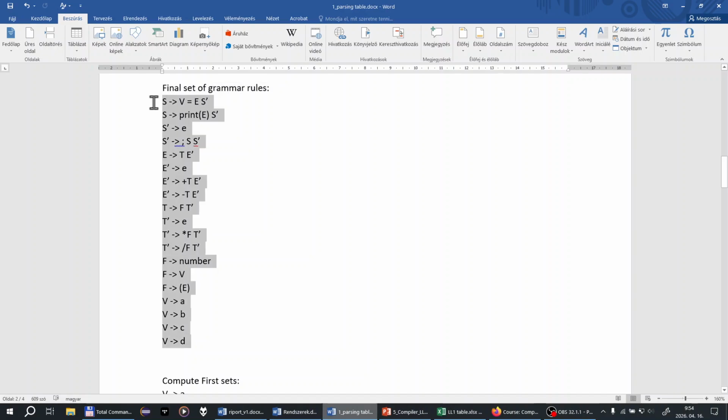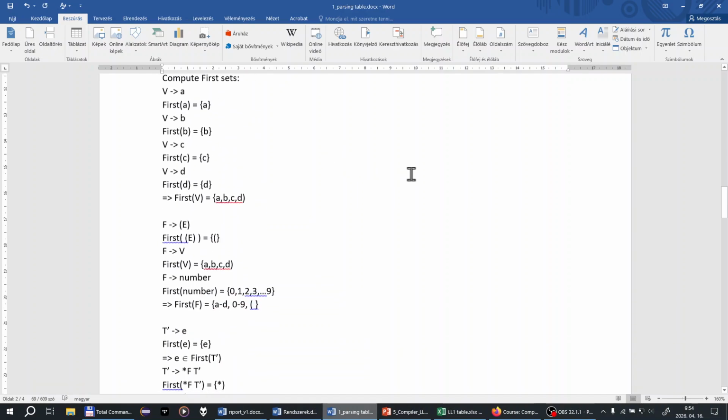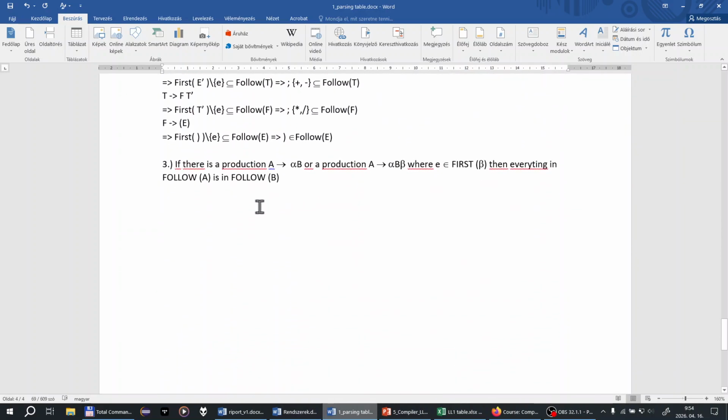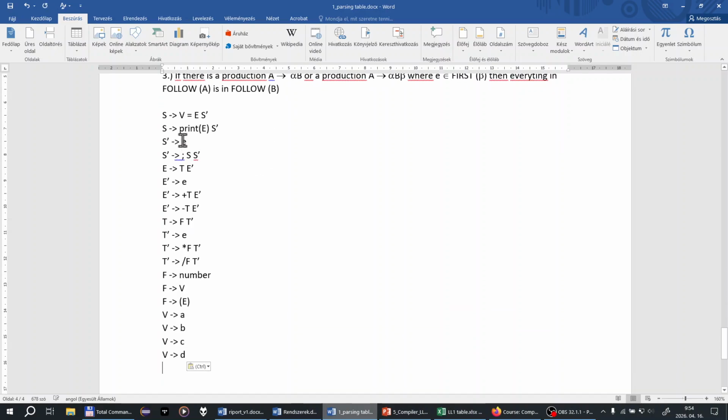So let's see the grammar rules again to find for which it is applicable. Okay, so where we have non-terminals at the end, we have all here, here, here, yeah, here, not this one, and one of these.